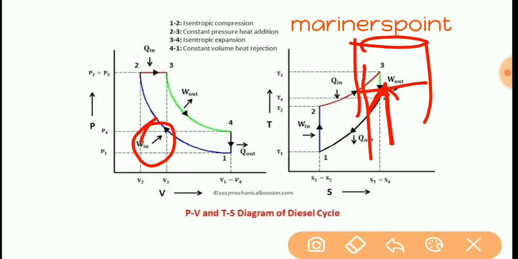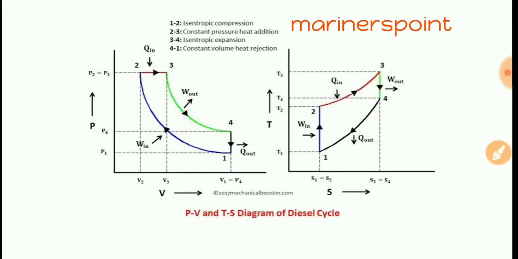Process 1 to 2 is isentropic compression, no entropy change. 2 to 3 is constant pressure, heat is added. Fuel combustion takes place, and due to compression of air, the heat ignites the fuel and heat is added here, from 2 to 3.